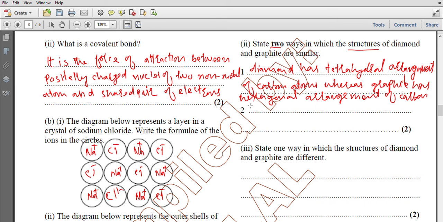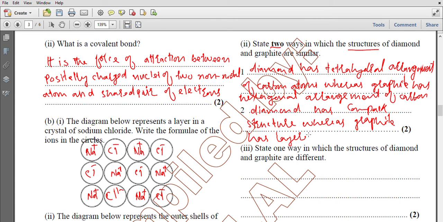Secondly, diamond has a compact structure, whereas graphite has a layered structure. Okay, so these are the two differences.